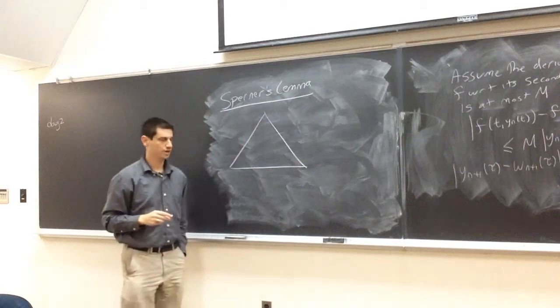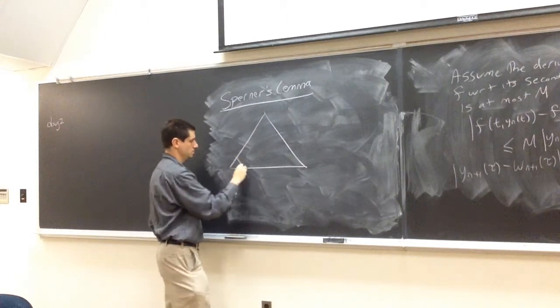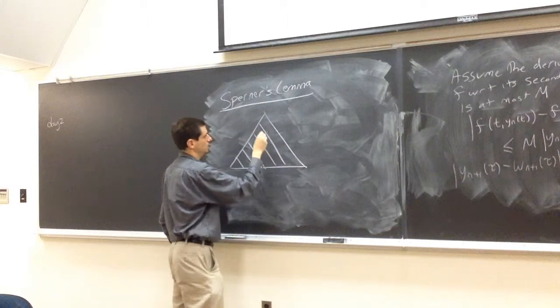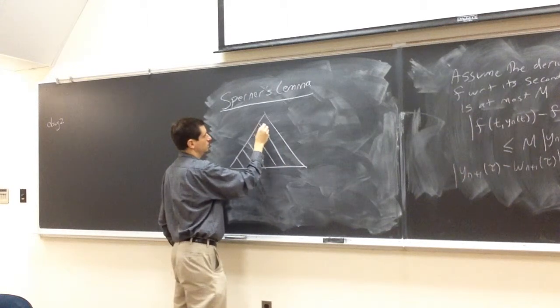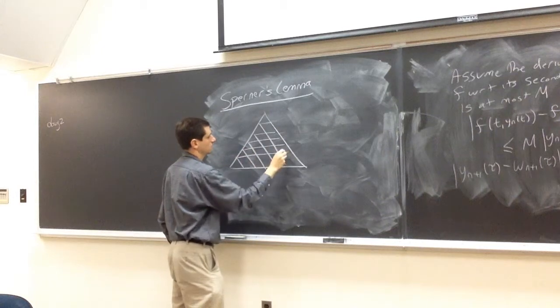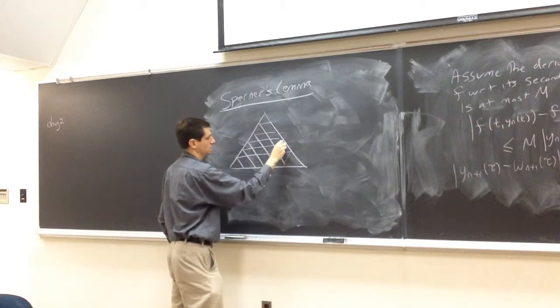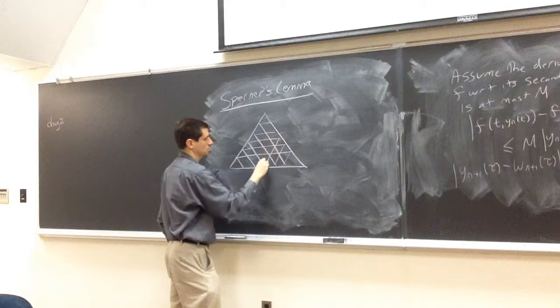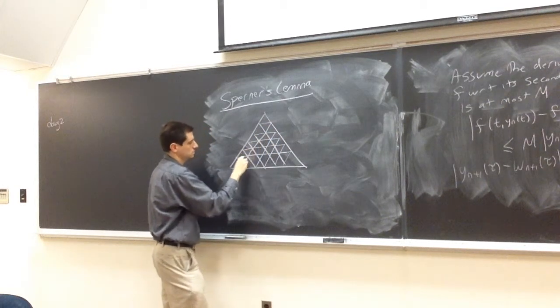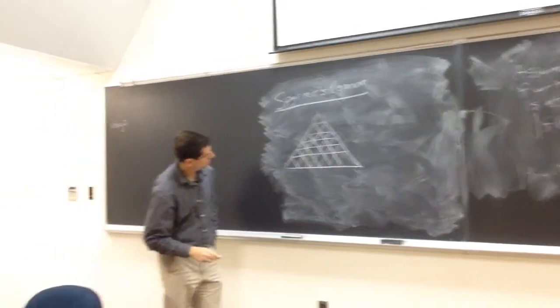And so we're going to do it on a triangle. Triangles are very nice. I don't want to do this. All right. How well did I draw this?